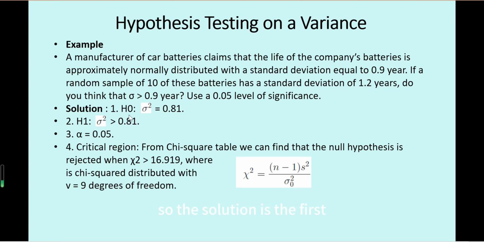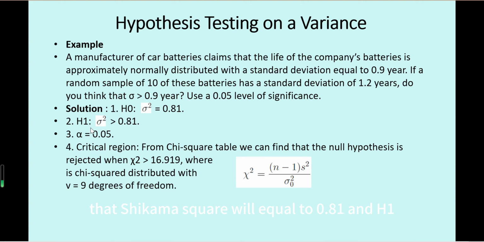So the solution: first, H0 is sigma square equals 0.81. This is the hypothesized value of the standard deviation squared, which is the variance. So we hypothesize that sigma square equals 0.81.